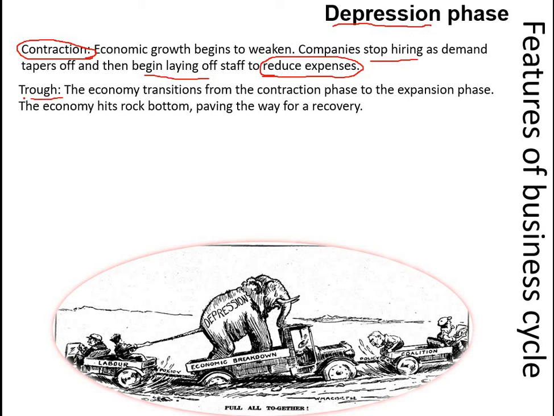So we have the issues of trough. This is a transition from the contraction phase to the expansion. So if you are depressed, we'll find people for you to do the job, give you counseling, all those aspects.